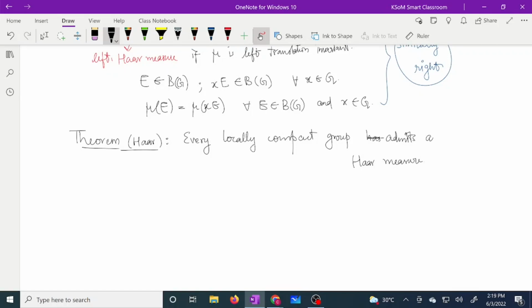So if you have a locally compact group, then it is guaranteed that you have a Haar measure, and this is both left and right, it admits a left and right Haar measure.